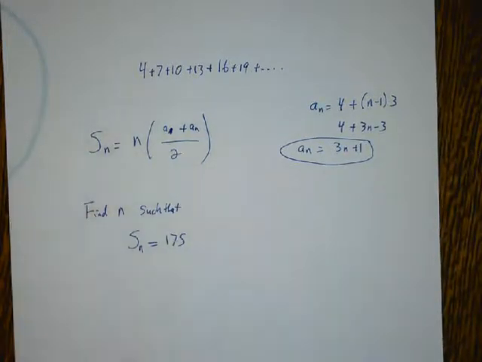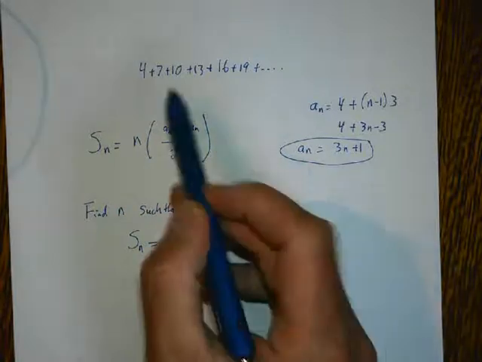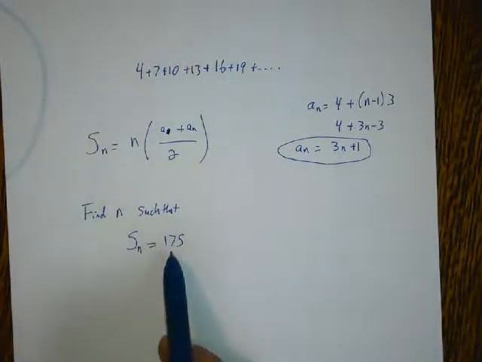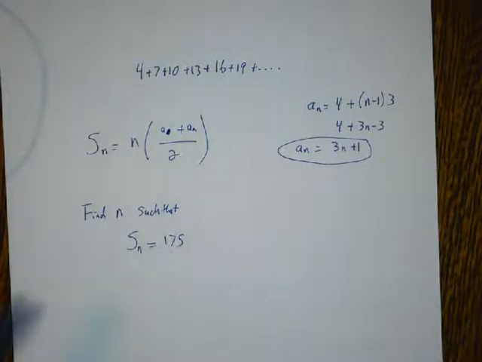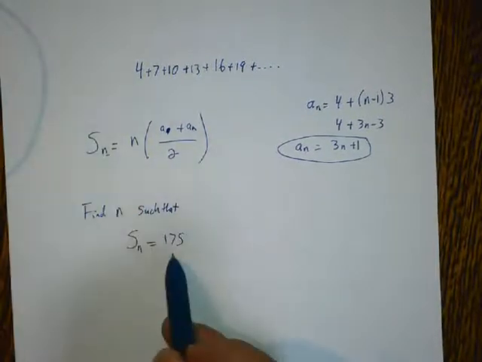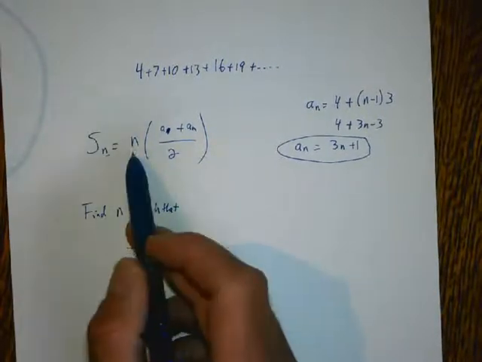Basically, what we're trying to do is figure out how many terms within the sequence we would have to add together to get 175. So we know that we want this value to equal 175. We have to solve for n.